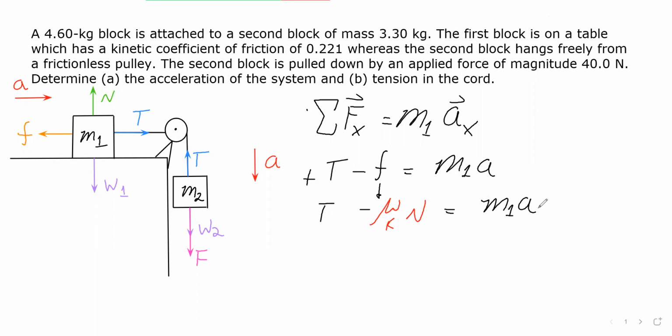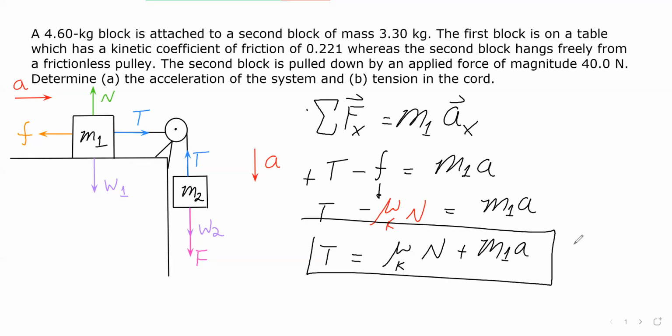Usually I box this and call this equation 1, but for tension, I do like to isolate it right away. So I can add my mu N to the other side and label this equation 1.